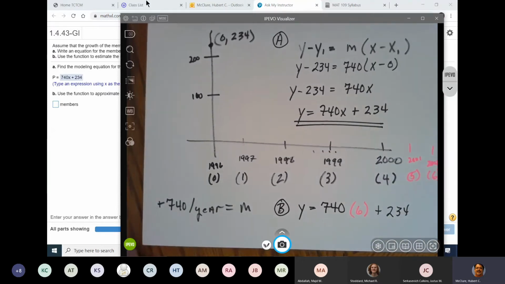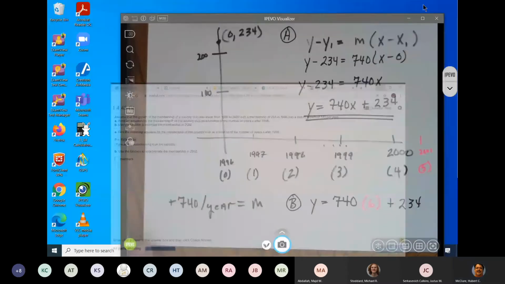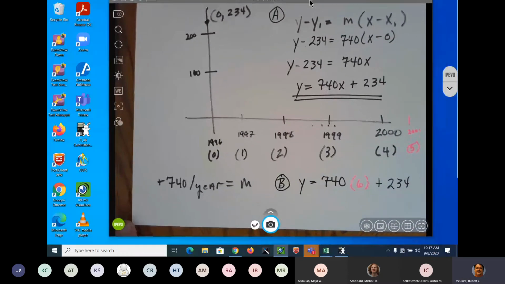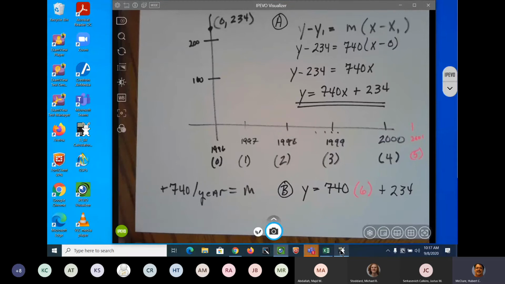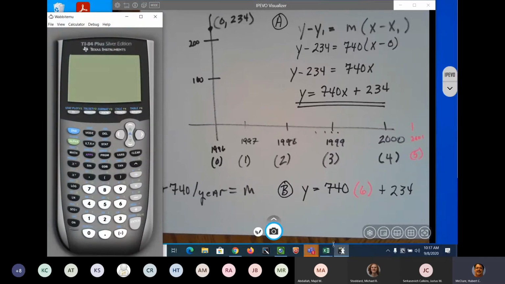And let's get our handy dandy calculator out. I had it in the last class. Where is it? There it is. And that's going to give you 740 times 6 plus 234. Is that what you got? 4674, is that what you got? Yes, sir. Okay, and that's your answer.